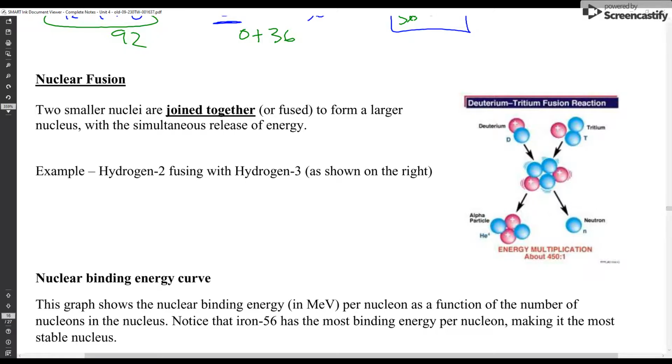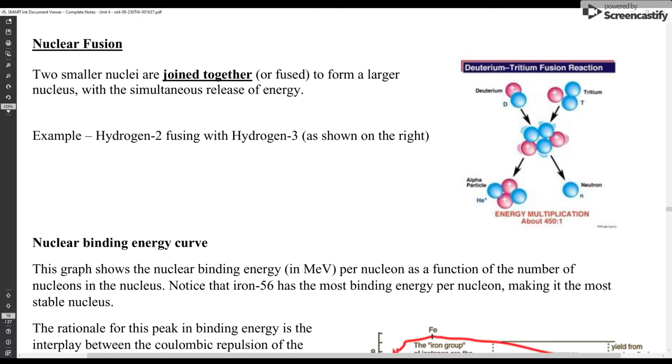There are some technical limitations we've been running into trying to replicate it, because if we could figure out nuclear fusion reactions and use that in our nuclear reactors, there's much, much less radioactivity given off. It's a much cleaner source of energy, and we get a tremendous amount of energy. Right now we're mostly talking about the stars, our sun, for this type of reaction.